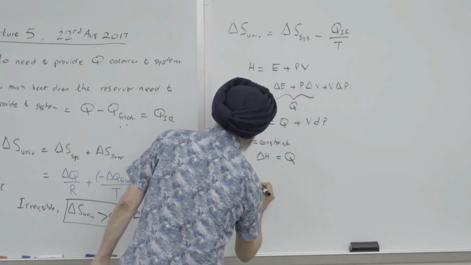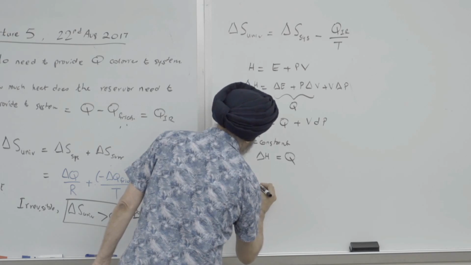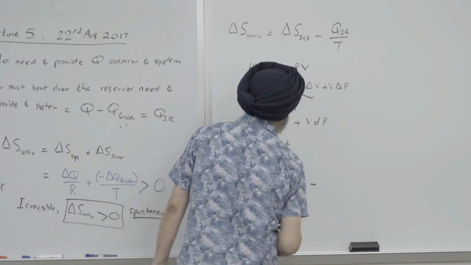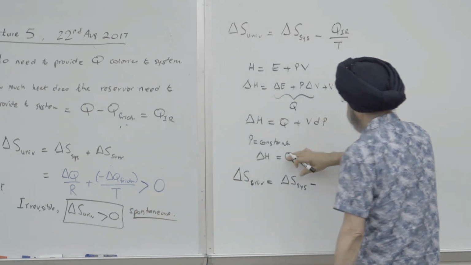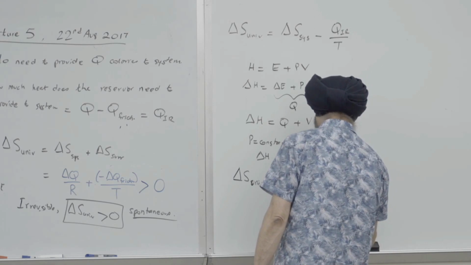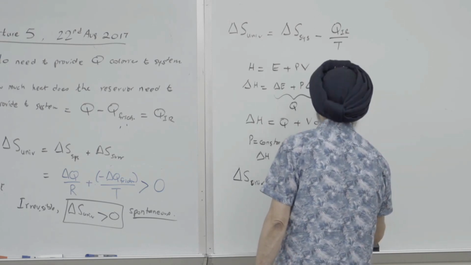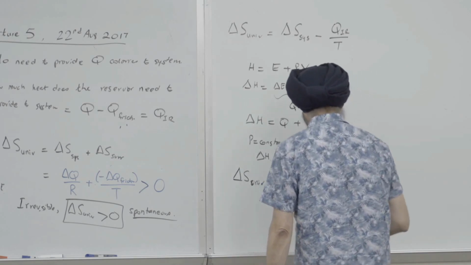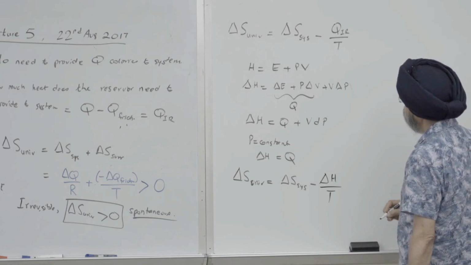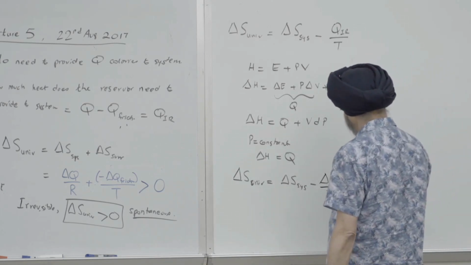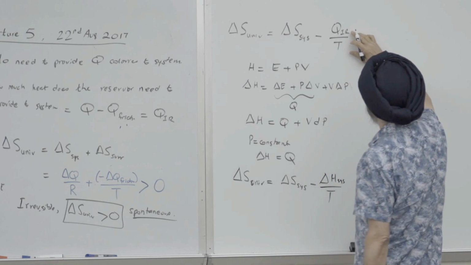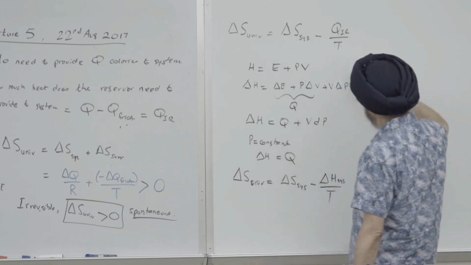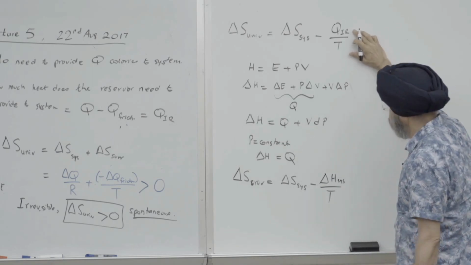So delta S surrounding, the universe, is equal to delta S system minus, I replace Q with this Q in, with delta H over T, and I'm saying that I can also write that as delta S system approximately, because this is what's entering the system, right?